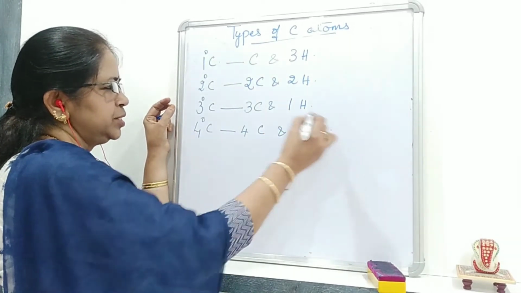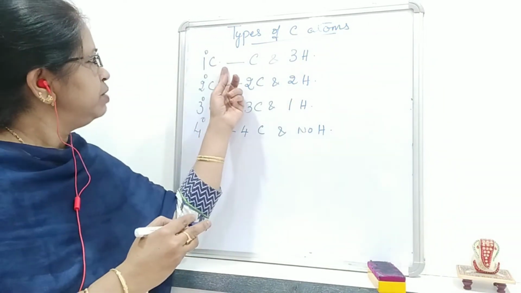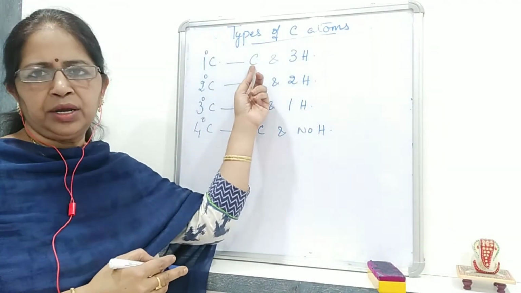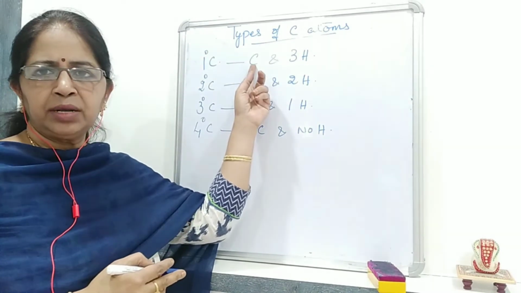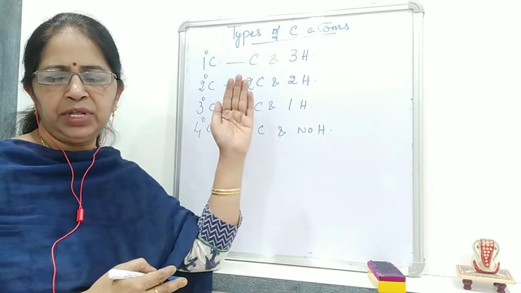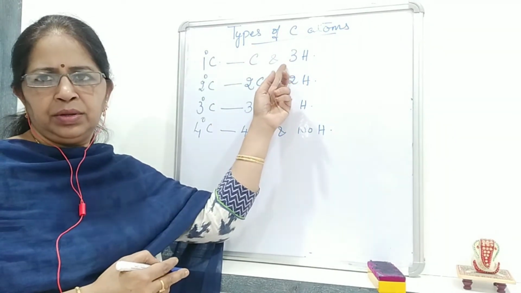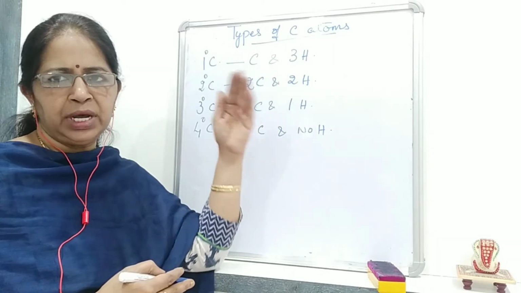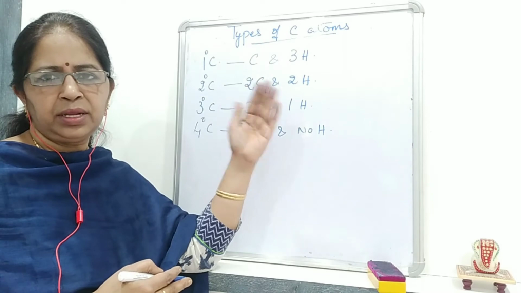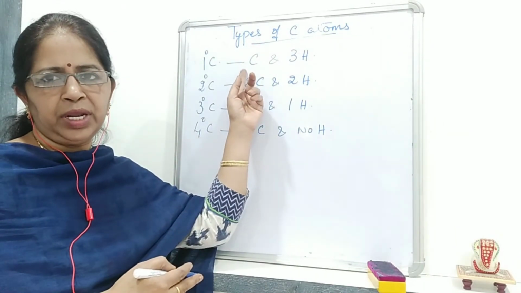So, a carbon which is attached to one other carbon atom is known as primary carbon. These primary carbon atoms are always present at the end of the chain only, because the attached carbon must be present on one side only and the remaining 3 are hydrogens.